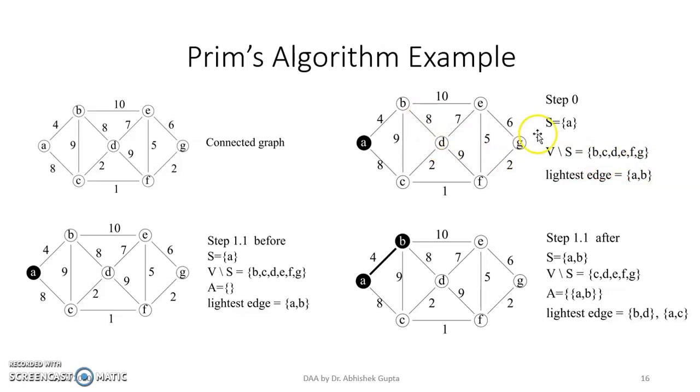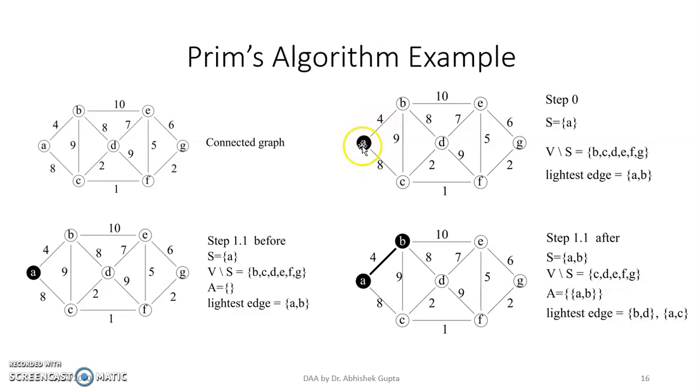After step 0, you have to grow this minimum spanning tree, starting from A. So you have to see the minimum cost edge that is connected through A, right?